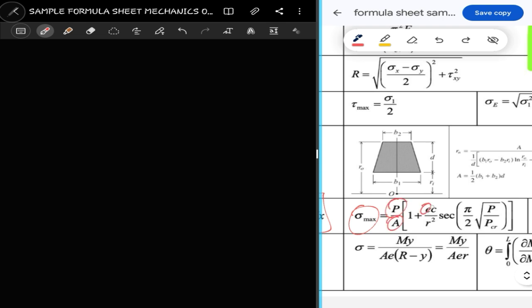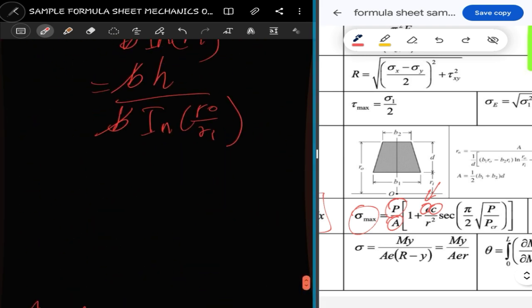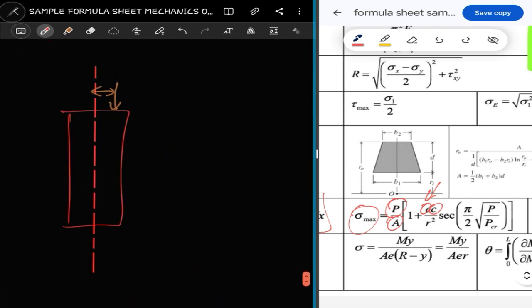This E again is not the Euler's number, it's the eccentricity. This C here, so if you have a column, right? Let's use this one. So a column, this is the central axis, right? The C here is basically the distance from the central axis to the outermost fiber, right? So this right here is C, right?